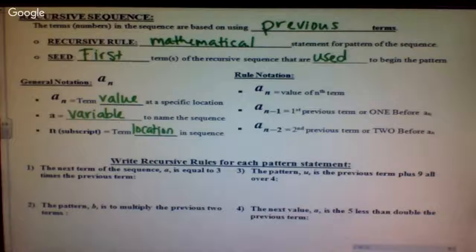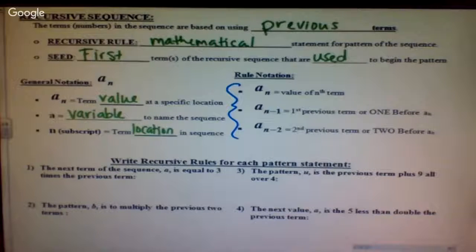So what everybody gets stuck on is this. If I label 18 as A sub n, and I need to go backwards one step and use that number, the way we denote that is A sub n minus 1.